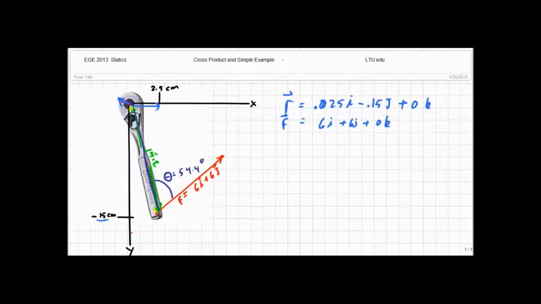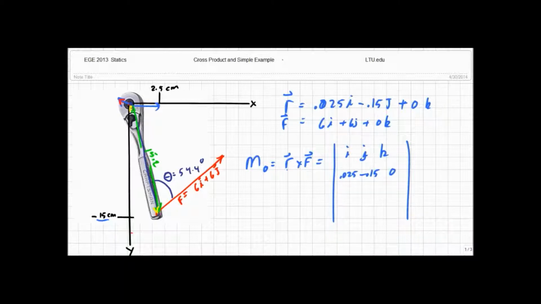So my moment about O equals R cross F, and I'm going to write it in my determinant form with I, J, K in the top row. Those are my unit vectors along each axis. And in the determinant itself, I write R as the first row, so it's 0.025, minus 0.150, 0.